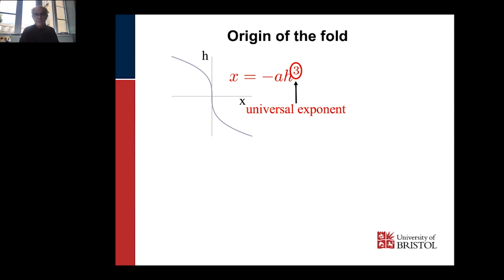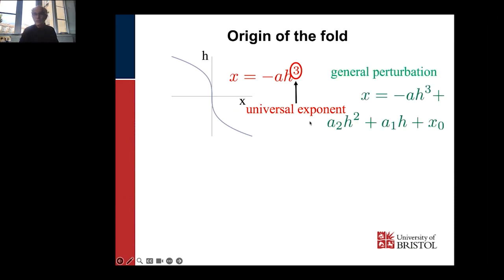But once I've done this, I can expand around this point here, and I can ask, what if I perturb this situation slightly? And I simply take the most general perturbation that is consistent with smoothness.